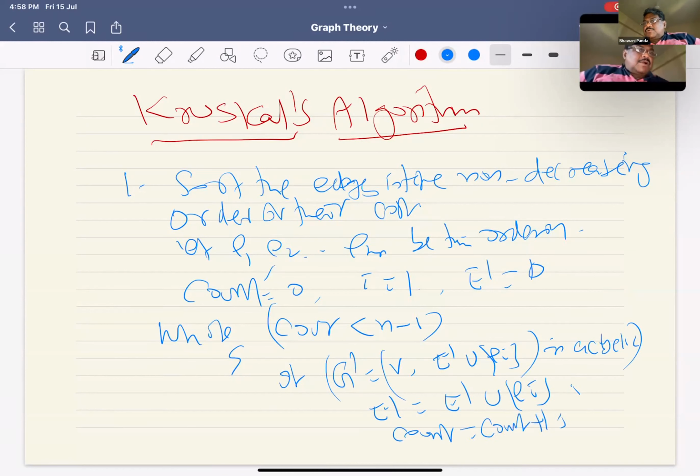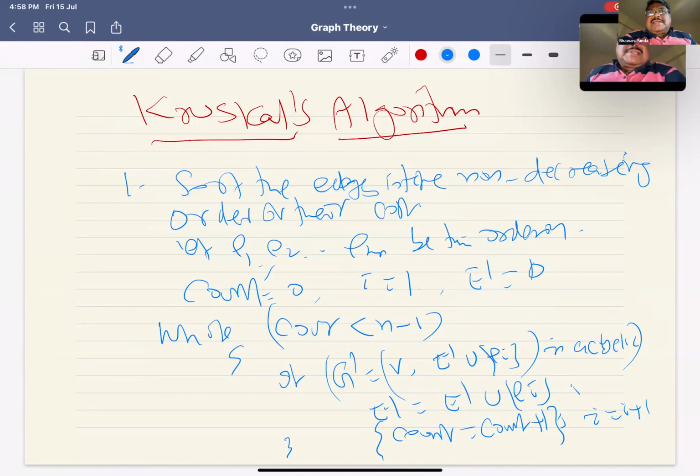That means increment the count, and I is equal to I plus 1, and then continue. So after sorting the edges in the increasing order of their cost, keep on checking, and if the so far selected edges are not forming any cycle, then add it, otherwise ignore that edge and go to the next edge.